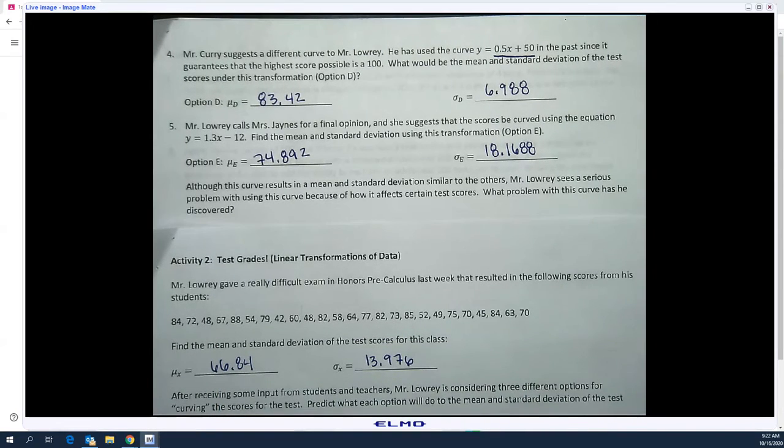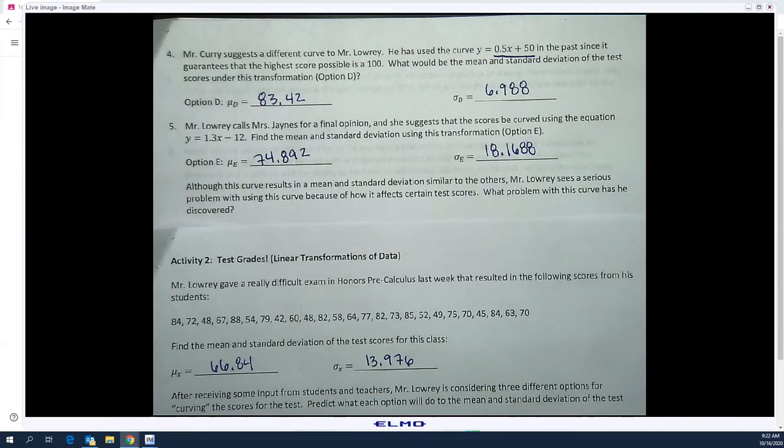So I'll pause here for just a second. There's an issue with this that the other ones didn't necessarily have. Any ideas? Not sure.